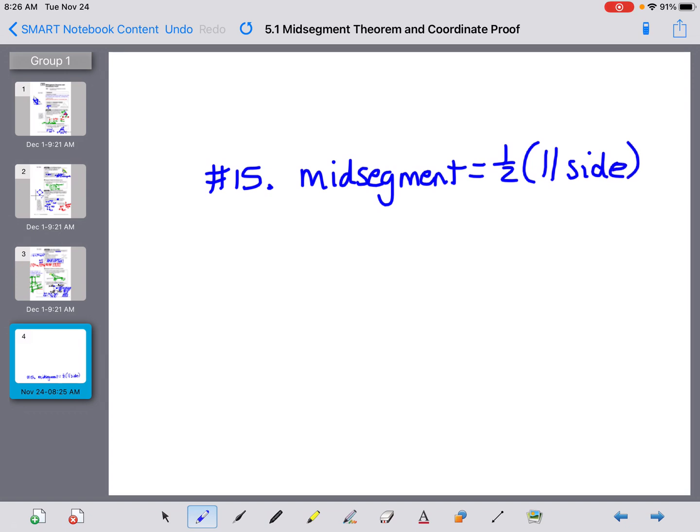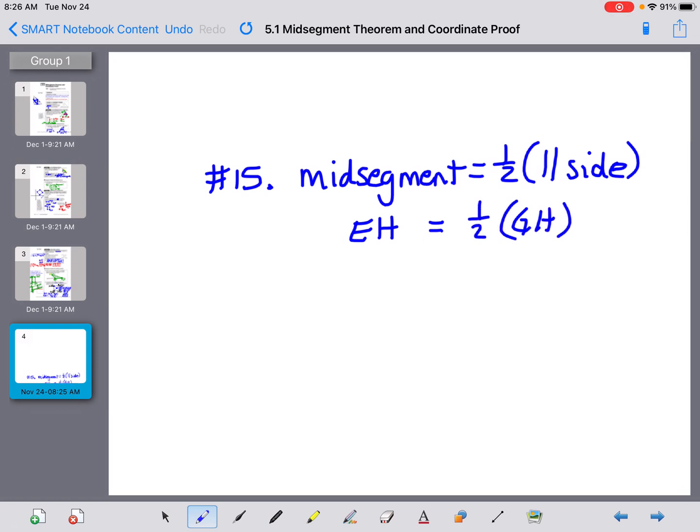The midsegment is the inside one, the parallel side is the outside one. Number 15 is talking about EF and GH. Which one's the midsegment, the smaller one inside? That's EF, right? What is the parallel side? That's GH. So here's my formula.